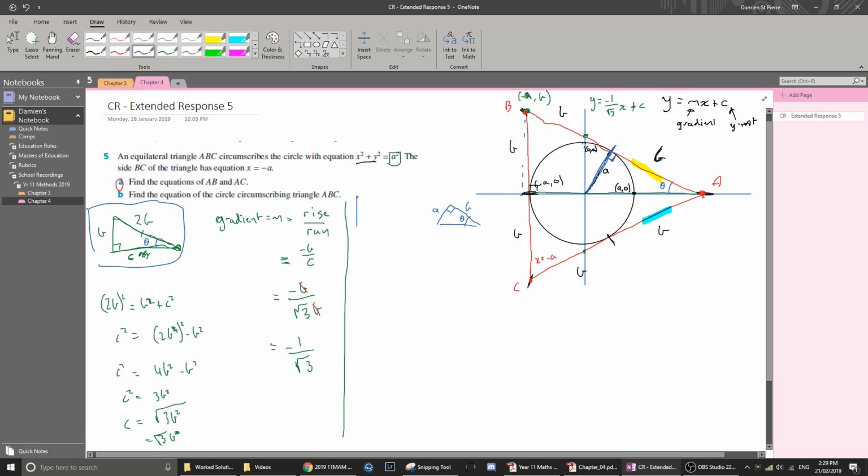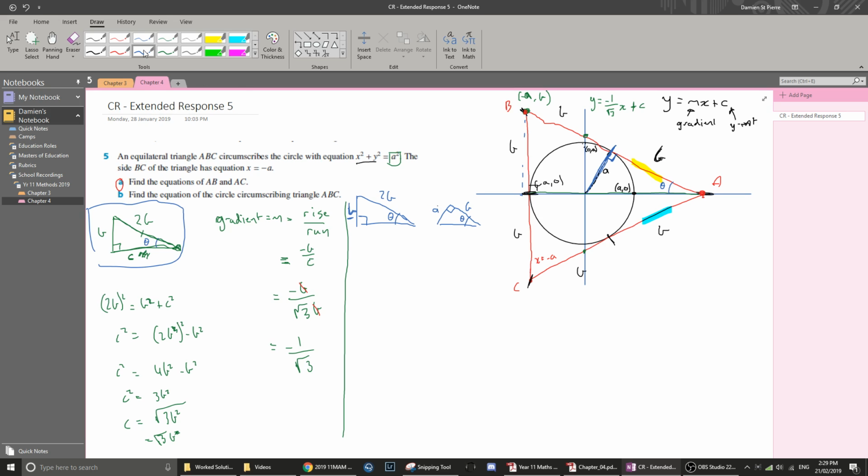So I'll redraw it. And that has a length 2b there and a length b there. These are similar triangles. They're different sizes, but they're similar triangles. Using these similar triangles, I can actually find out what this B is in terms of this A. In similar triangles, the ratio of the sides is the same.